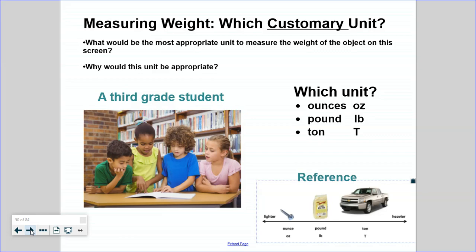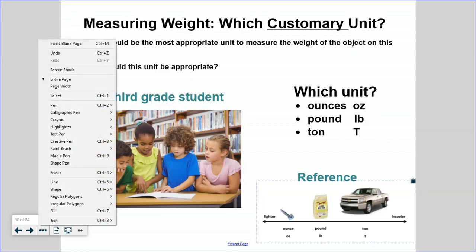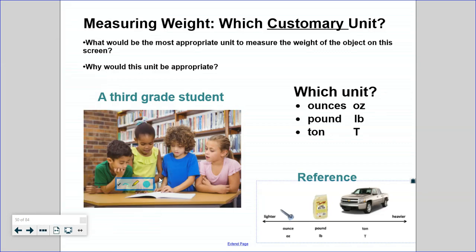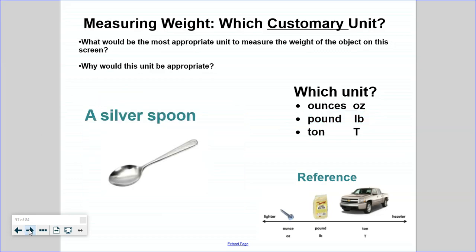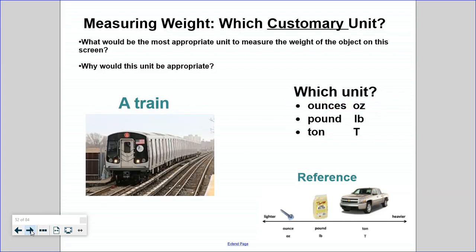So a third grade student, if I was going to measure you, what would I use? I hope you said pounds. We measure people using pounds. Very good. How about a silver spoon? That's pretty light, and since it's a pretty light object, we would use ounces. How about a train?